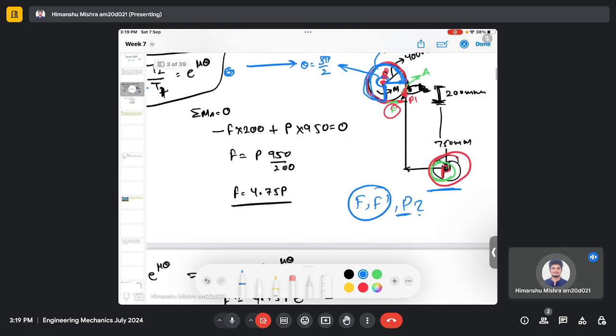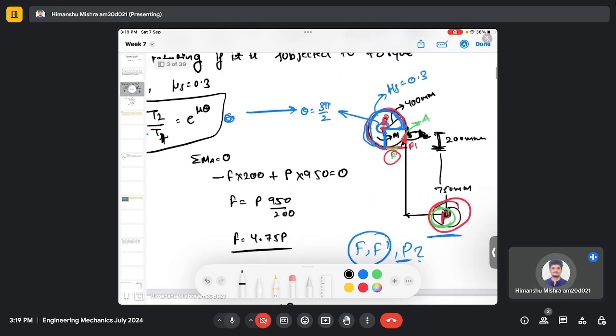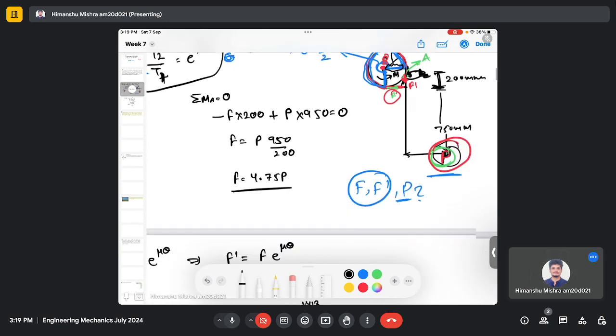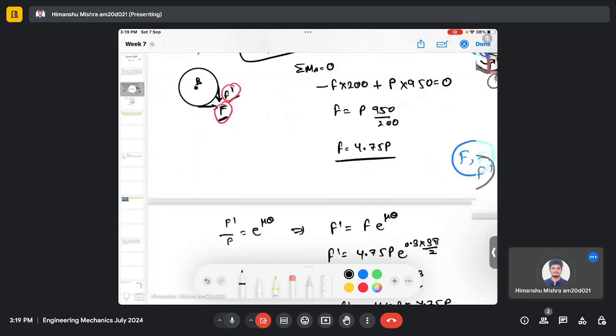So if I take the moment about point B and the summation equated to 0, then I will have F dash multiplied by 0.4. This is my F dash and this is my perpendicular distance, which is 0.4 meter, which is 400 millimeter, the radius of this wheel.